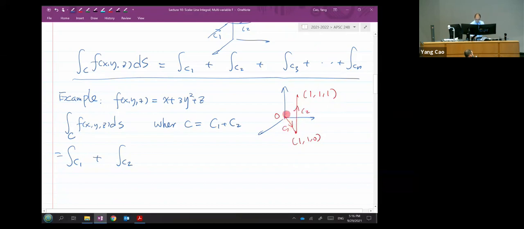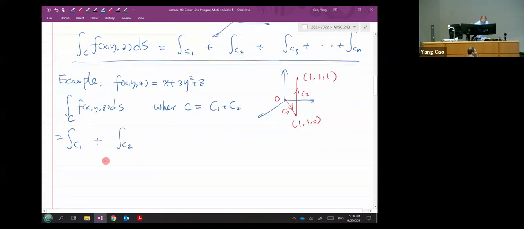Simple means they're essentially a straight line connecting 2 points in 3D space. So the first step, you have to write down the parametric equation for C1, C2. Again, there are no set answers, there are infinite solutions you could provide, but typically you choose the easiest one.